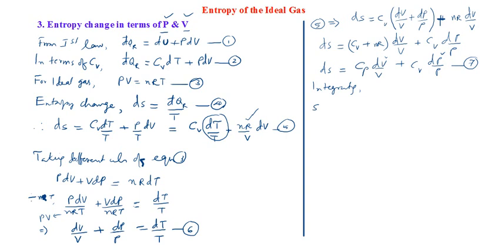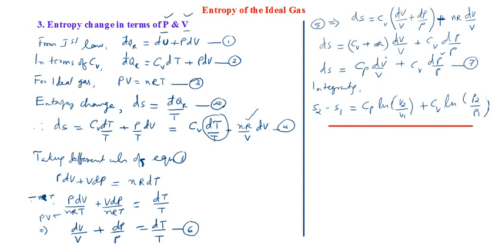You'll be getting S2 minus S1, which is equal to delta S. That will be equal to Cp log V2 by V1 plus Cv log P2 by P1, and that is our final expression, which can be modified in several ways.